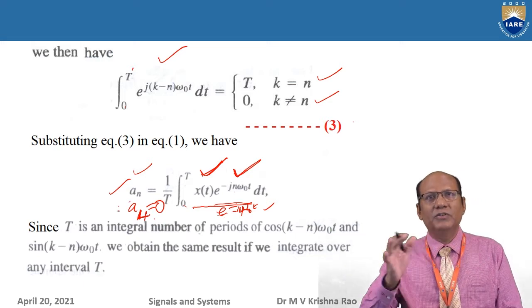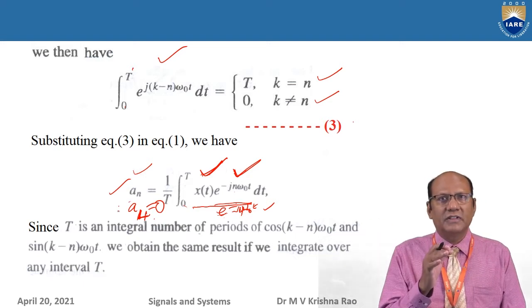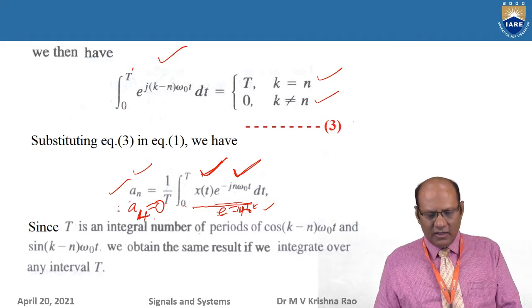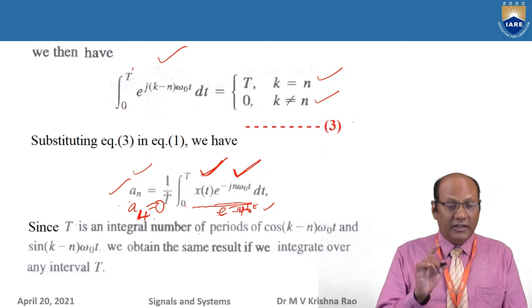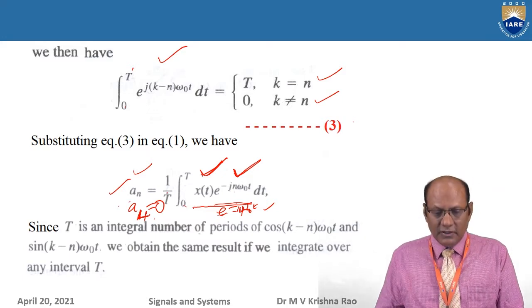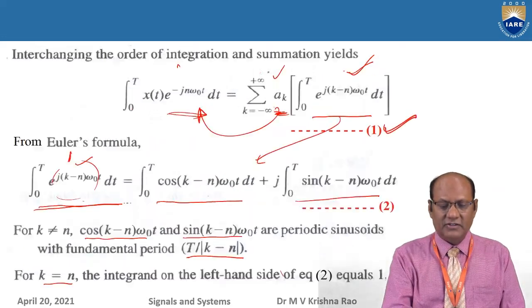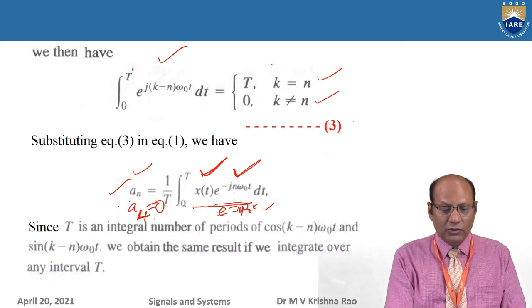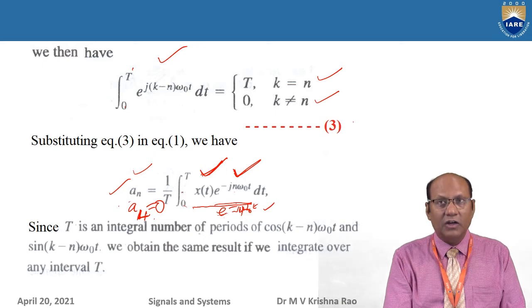So I am decomposing the signal into different harmonic frequencies. That is the crux. And here you have to see that the Fourier series is a summation. Fourier series means summation. But still, when you want to find an, you are not using any summation.